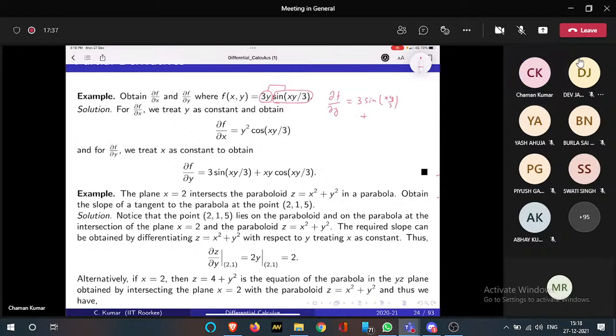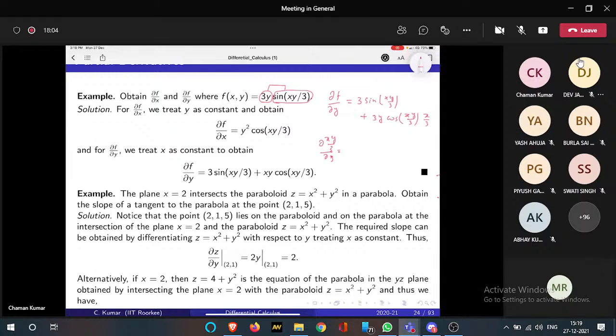Then you have this 3y, and the derivative of sine will be cos. Apply the chain rule here. So cos xy by 3, and the derivative with respect to y. For the chain rule, you have to differentiate xy by 3 with respect to y. So this derivative will be x by 3.